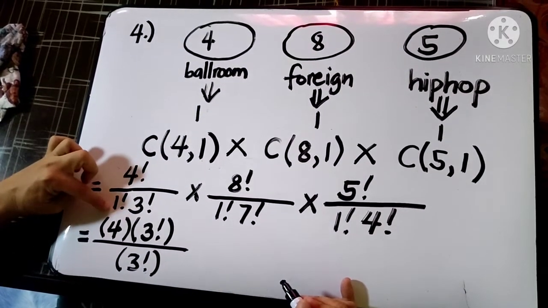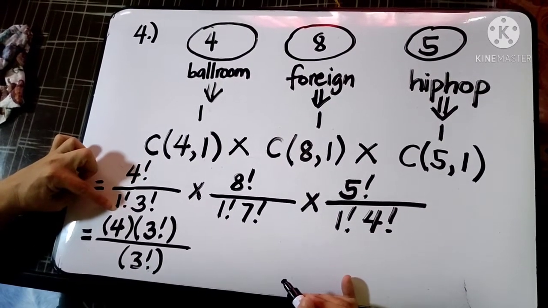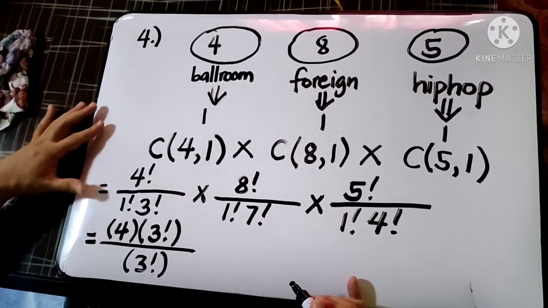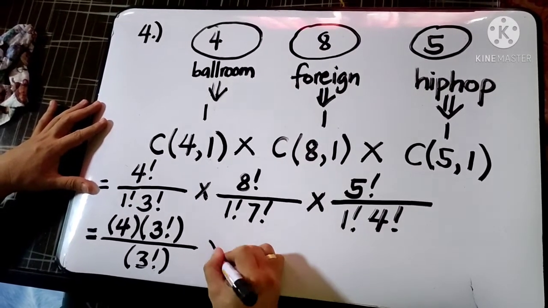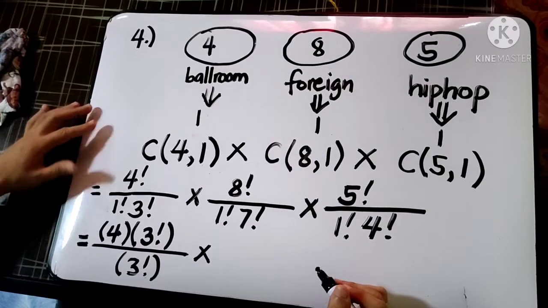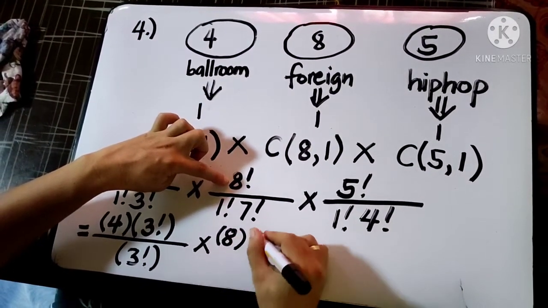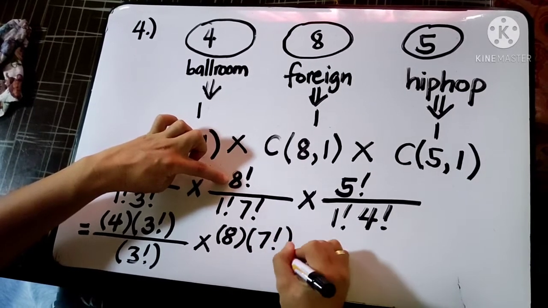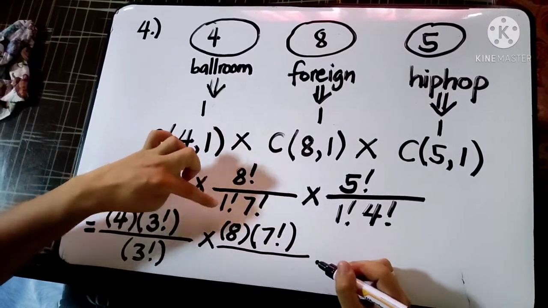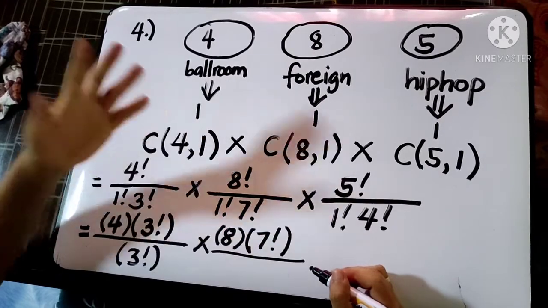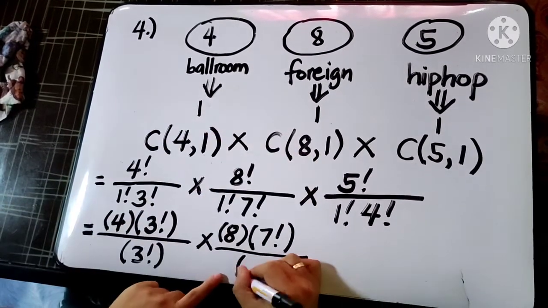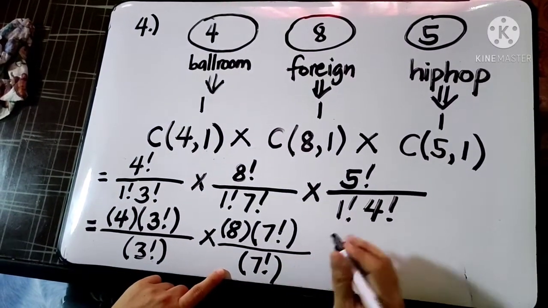Wala na yung 1 kasi any number multiplied to 1 is equal to itself. So if pwedeng, hindi mo na isulat yung 1. Then times 8 factorial becomes 8 times 7 factorial over 1 factorial, which is 1, so you may not write it, then copy 7 factorial.